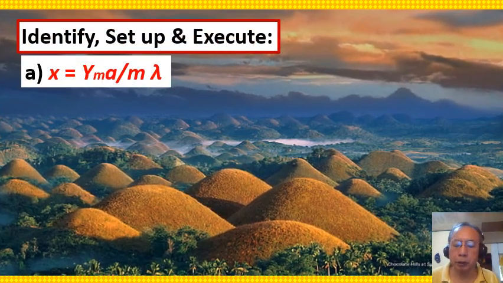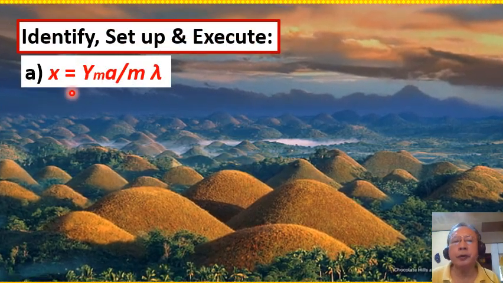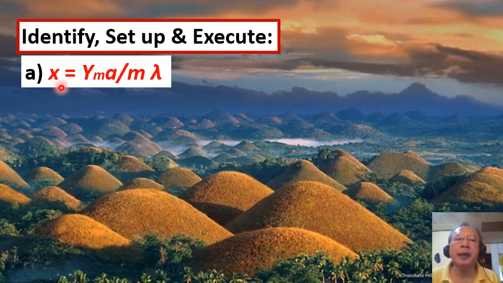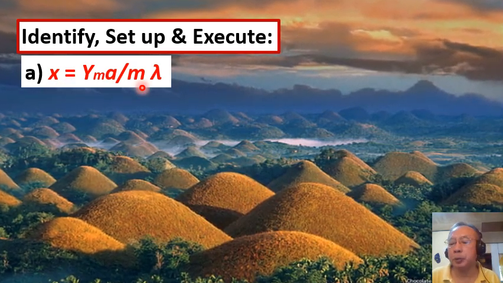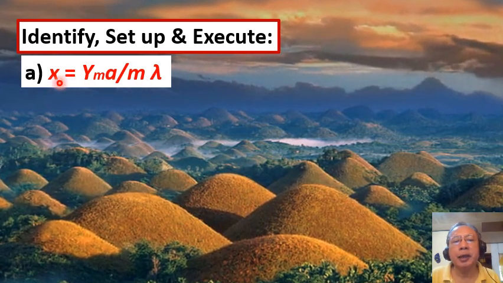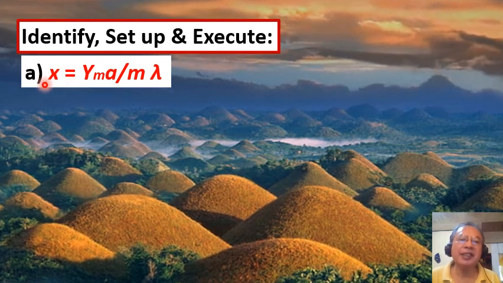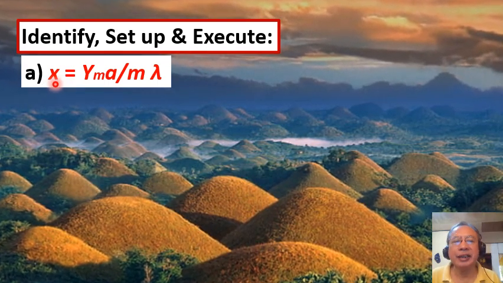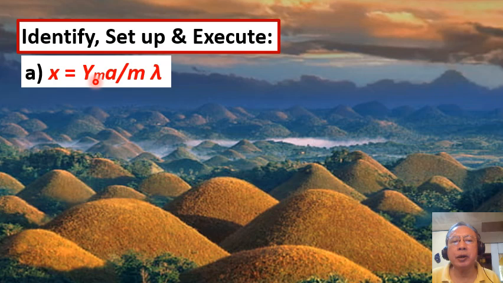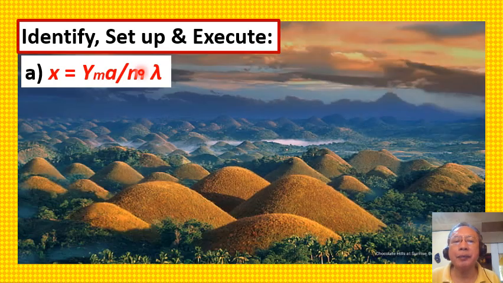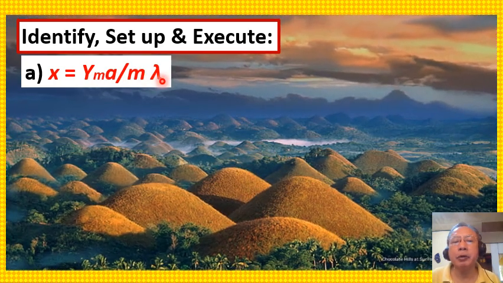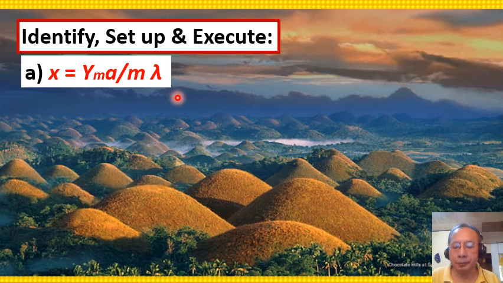So moving on now to our computation. For letter A, finding x using this formula. X, or the distance between the slit and the screen, is equal to y sub m times a divided by the product of m and lambda.